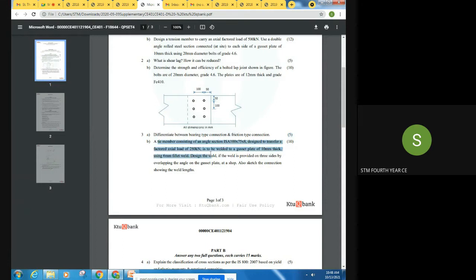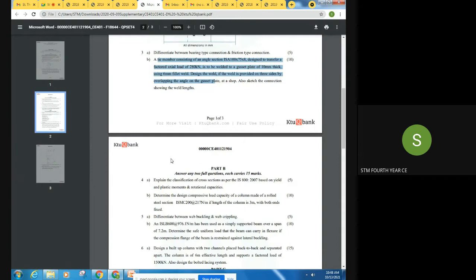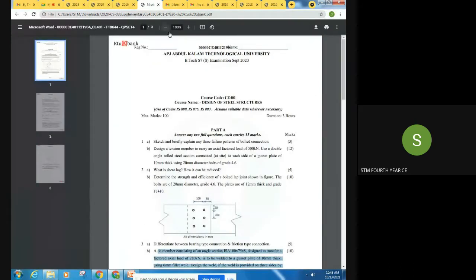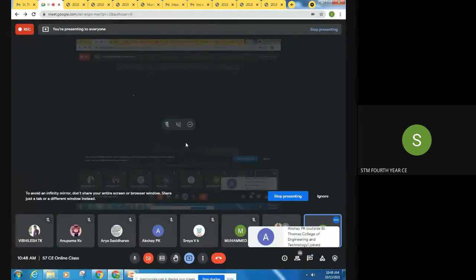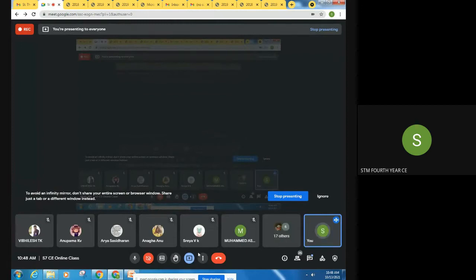In tension member, the question came from the second module. I hope you can solve the problems. Anyway, you have to try, otherwise you will not find whether the question is capable of solving or not. Just by simply looking, you cannot say.